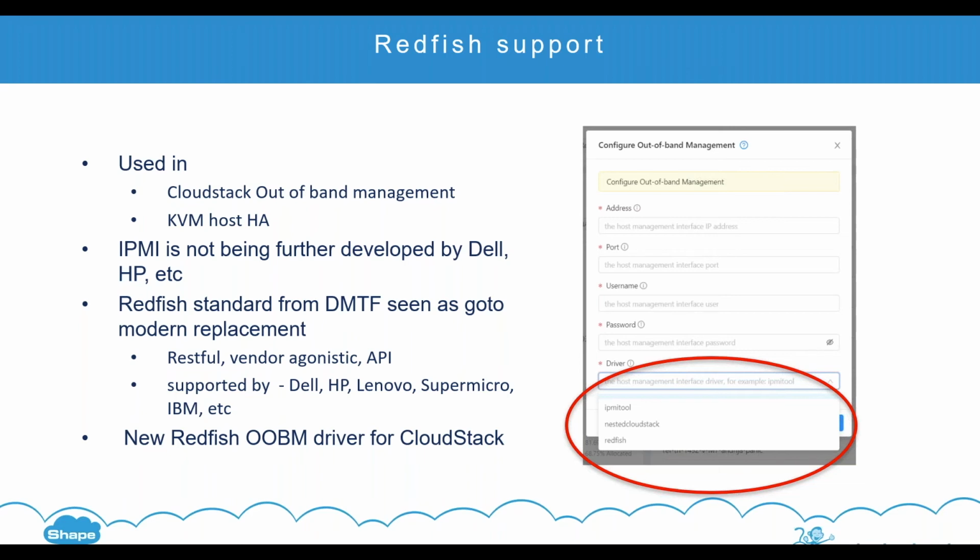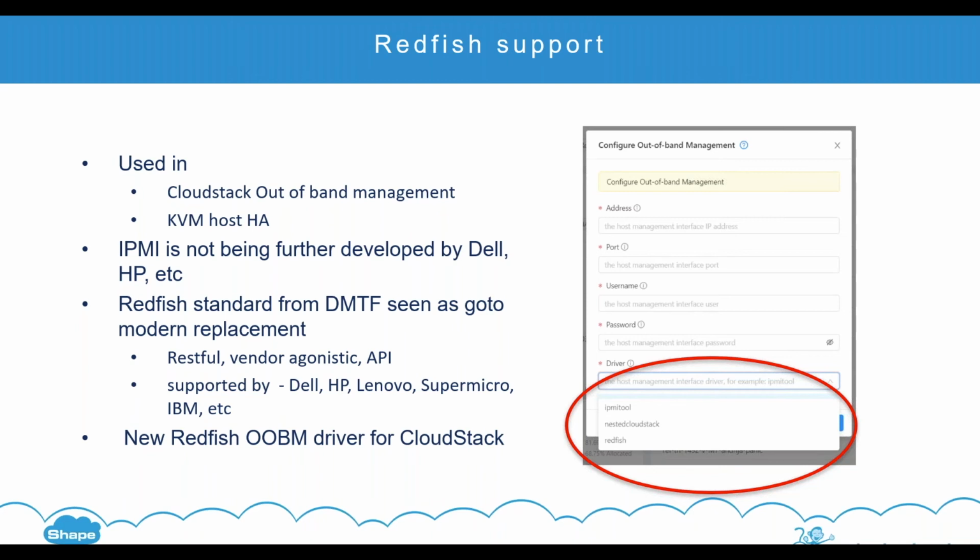Fundamental problem is IPMI is not being developed further. It's effectively a dead man walking, and most of the big vendors are looking towards Redfish from the DMTF body as the replacement for IPMI.